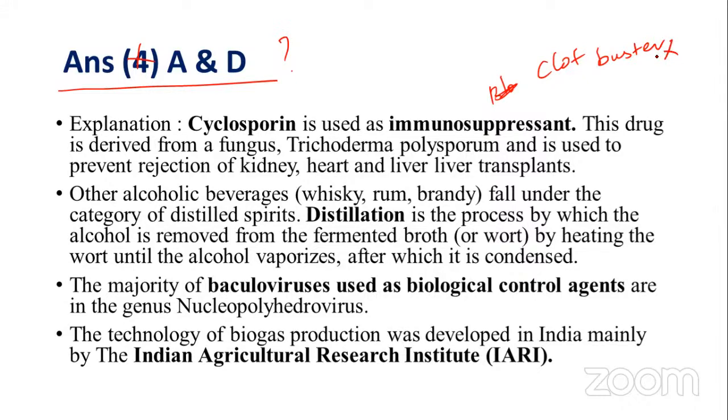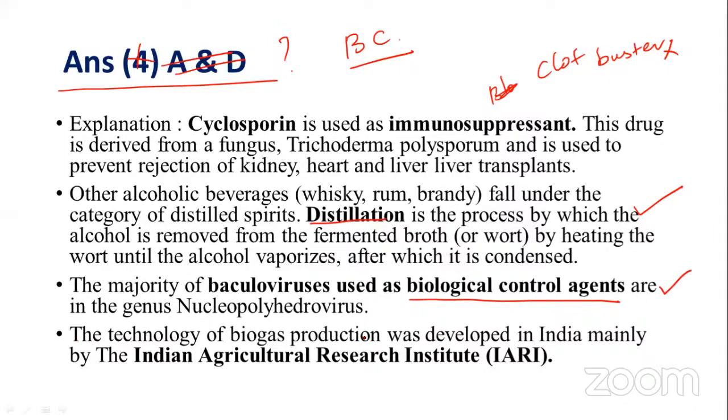Okay, so the other alcoholic beverages, whiskey, rum, brandy, fall under the category of distilled spirits, by distillation. So the second one is correct. Okay, this one is wrong, I think. And B and C is the correct one. The majority of baculoviruses are used as biological control agents. So that's why I told you this one is correct.